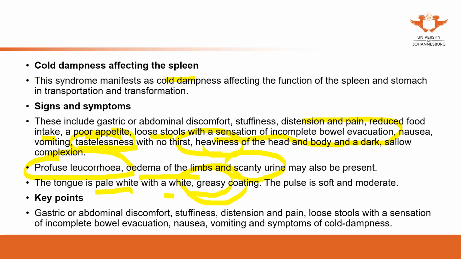So in this condition, the patient will present with something cold. The coldness will result in dampness because the coldness will affect the spleen function as well. Once the spleen doesn't function well, it will result in dampness. So as you can see here, this situation is actually a kind of vicious circle.